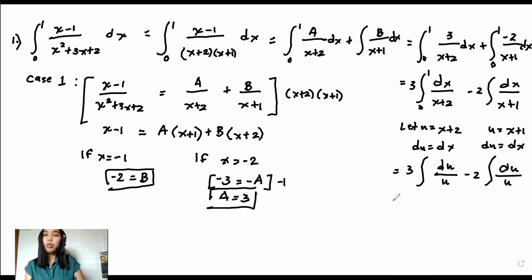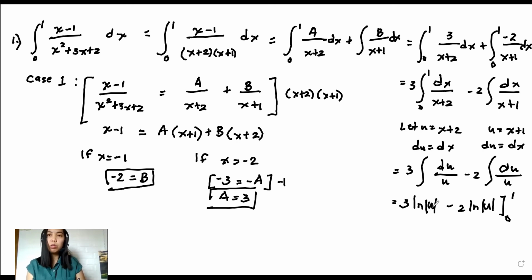The integral of du over u is ln u, so we have 3 ln u minus 2 ln u, or if you want, you put the absolute value symbol, from 0 to 1. We're going to express this in terms of x.